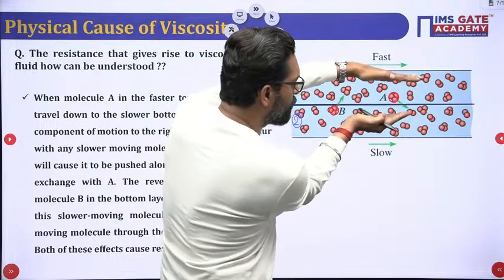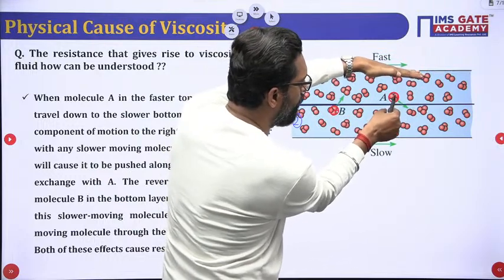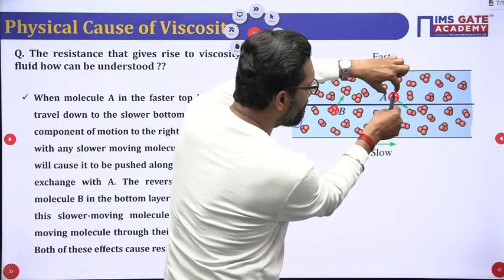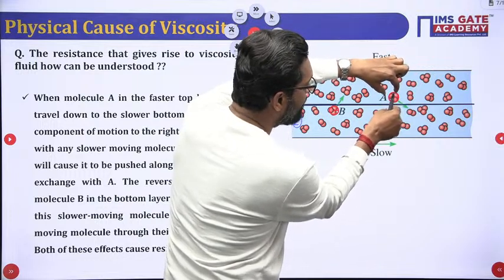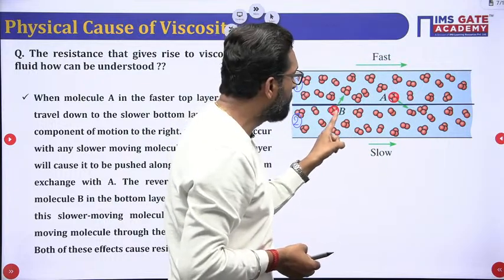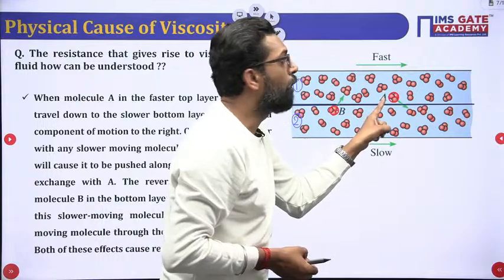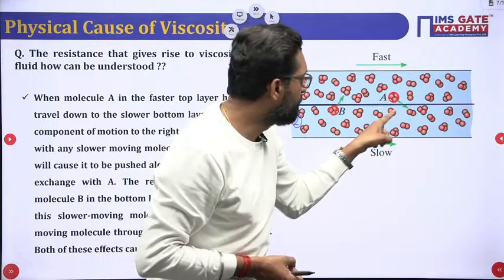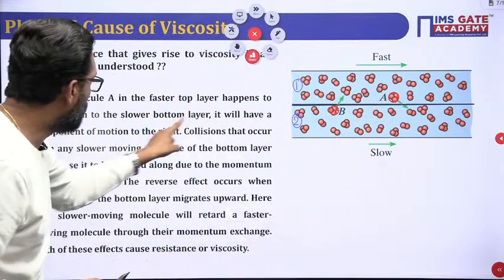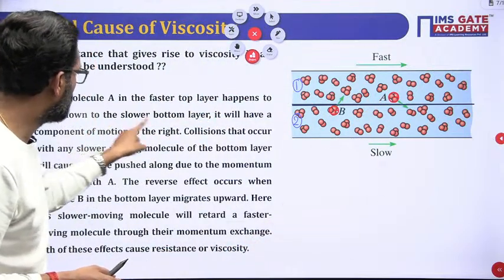These are relative motions. The slow molecule wants to slow down the fast one, so molecule B will slow down molecule A.